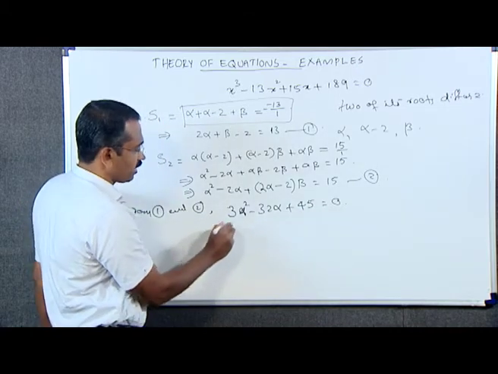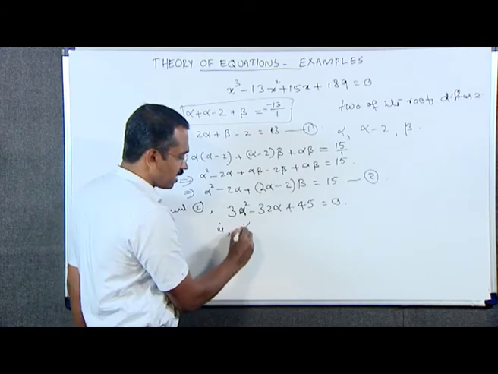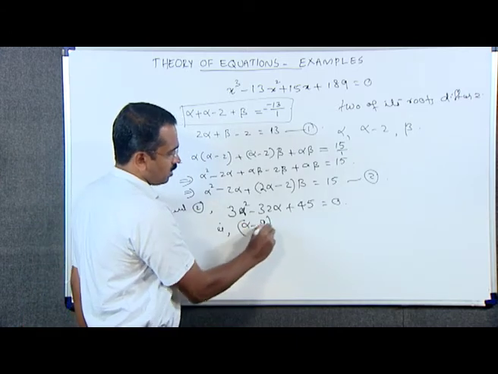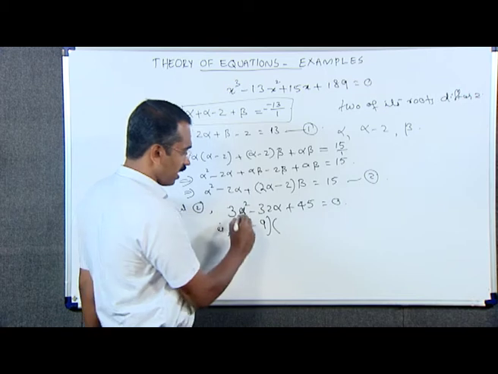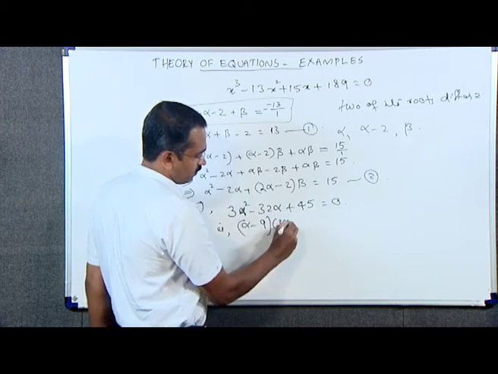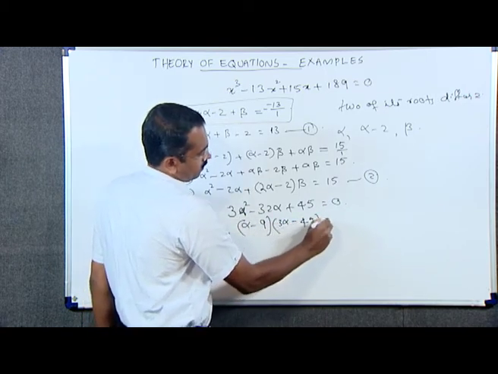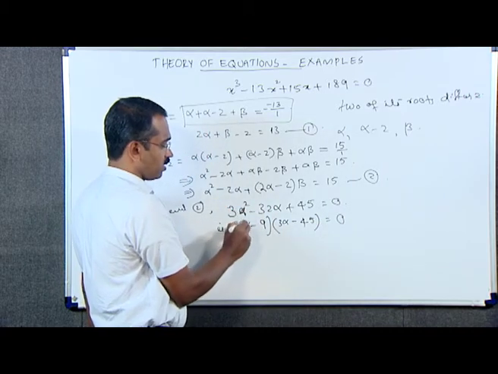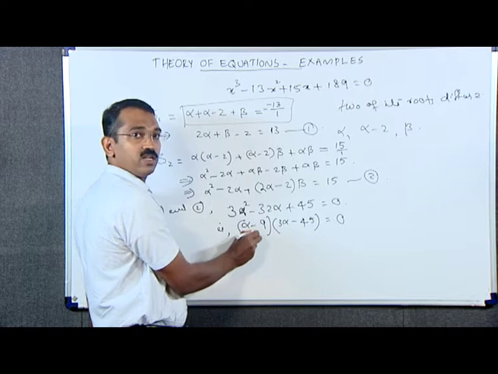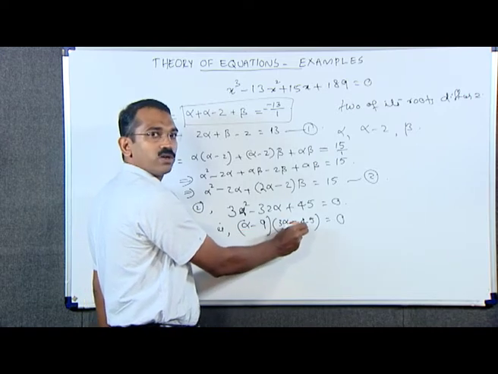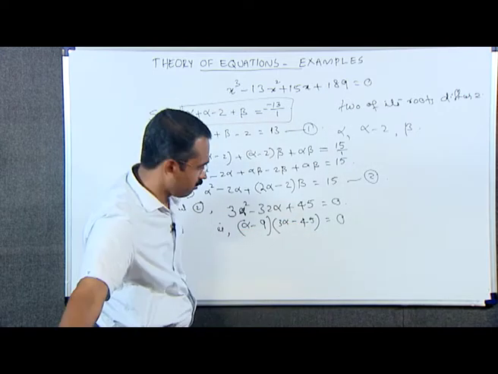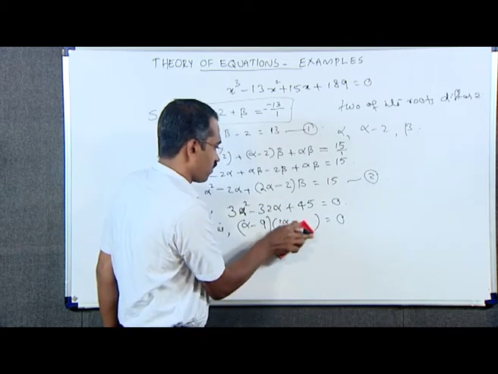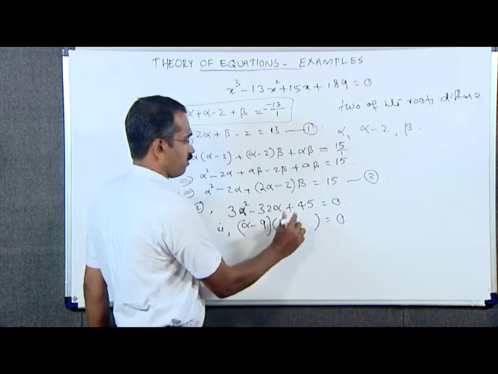On factorizing this left hand side, we can write alpha minus 9 into 3 alpha minus 45, not 45, this is 5. 9 into 5 is 45.